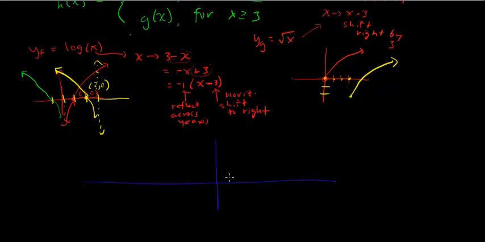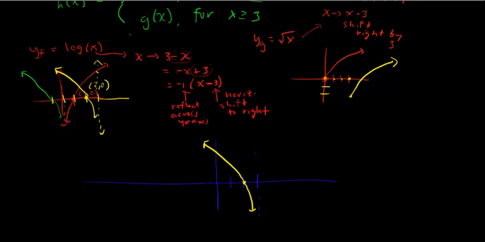So the important point is 3, because we know for x less than 3, so to the left of this line, we want to look at the graph here in yellow, which is our log function. So it goes to this point, it goes down, down forever, and then up, up, up.